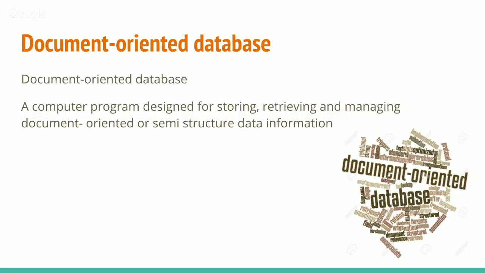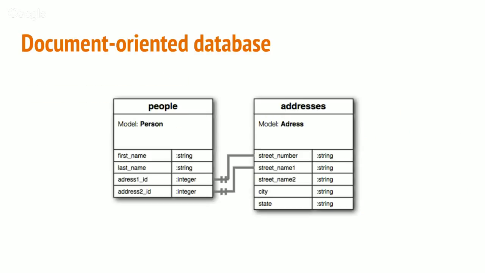The second one is document-oriented database. This is a computer program designed for storing, retrieving, and managing document-oriented or semi-structured data information. And in this picture, it's a simple example about searching people's name and address.